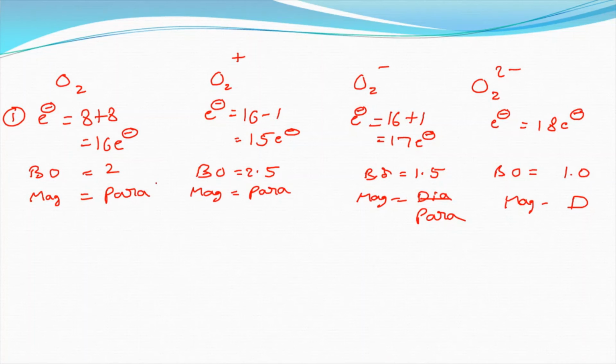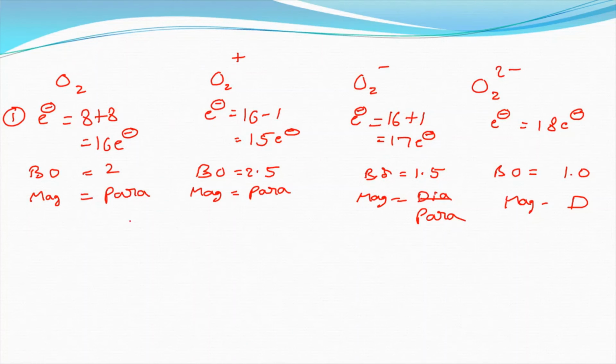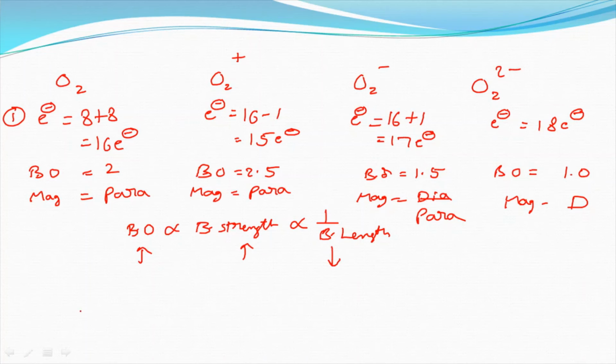The second question is write the order of stability as well as bond length. I have already told you a relation, that is bond order is directly proportional to bond strength and inversely proportional to bond length, right? If bond order increases, bond strength increases, bond length decreases.